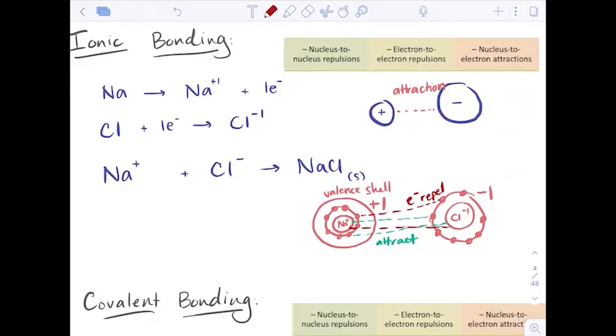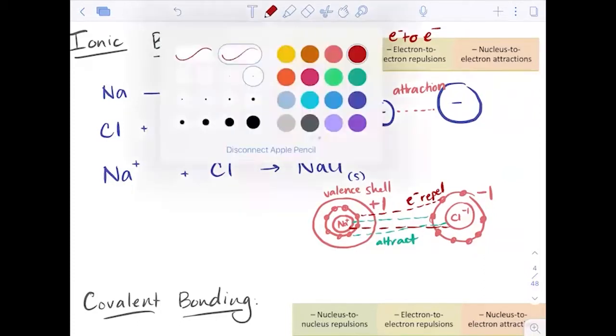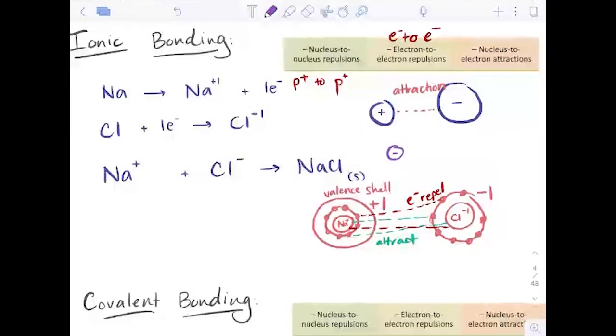So nuclei to nuclei, there are protons in each nuclei, so the two atoms can't sit right on top of one another. They're not going to occupy the same space. Also, the electrons repel each other. They're not going to overlap and occupy the same space, which is why in the lattice structure, how we drew it was this alternating plus and minus, hugging each other, attracted, but not overlapping, still occupying their own space.